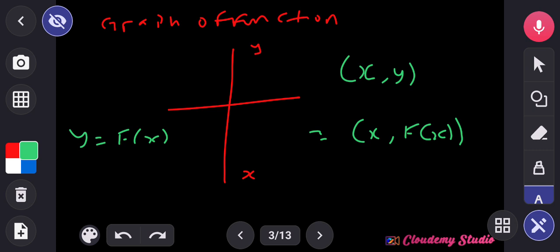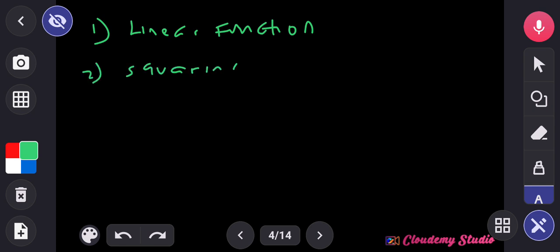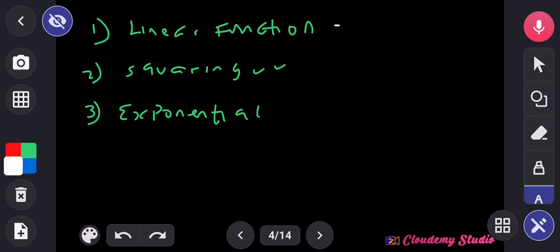Now, let us take three examples when we are talking about a graphical representation of a function. We are going to take the first one to be the linear function. The second one is the squaring function. And the third one is the exponential function. So for the linear function, we have our f(x) equals 2x.